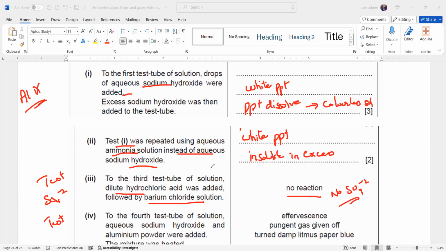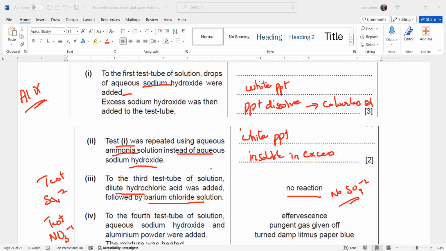That is the test for nitrate. Nitrate and ammonium are the two ions that give off ammonia gas with sodium hydroxide, but aluminium powder is specific for nitrate. If we add only sodium hydroxide and heat, an ammonium ion would also give ammonia gas. So this is the test for the nitrate ion.